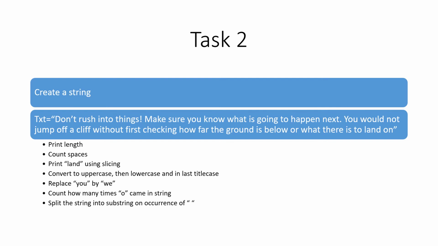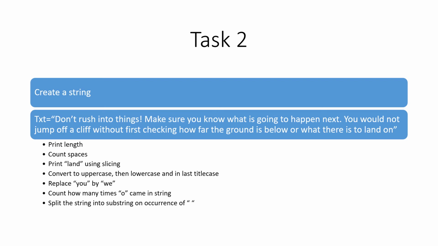Title case means every word will have the first letter as a capital and the rest of the letters will be small, like you can see in don't, like you can see in make. The first letter will be capital and the rest are small. This is called title case, or in variable names we have discussed it as camel case, right? The fourth we have already done.